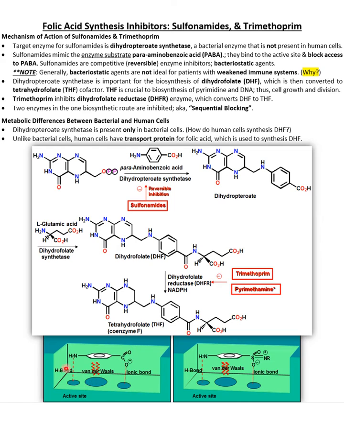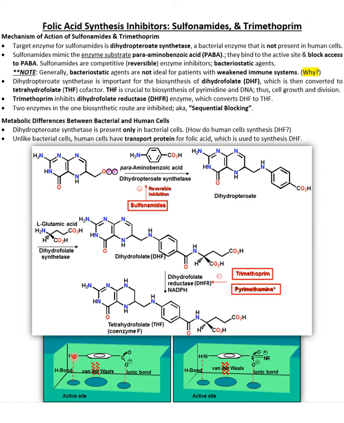Let's look down here at the receptor site. This shows the receptor site for the enzyme dihydropteroate synthetase, which is attacked by the sulfonamides. This molecule is para-aminobenzoic acid, and this molecule is the sulfonamide. As you can see, there are a lot of similarities between para-aminobenzoic acid and the sulfonamides, and they both form the same types of interactions with the enzyme's binding site.